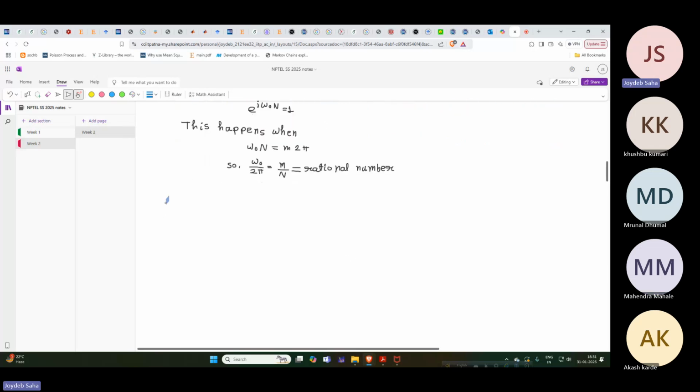To question 4. Question 4 is x(t) is equal to cos 15t.